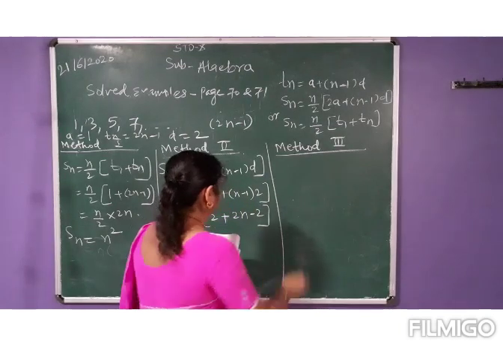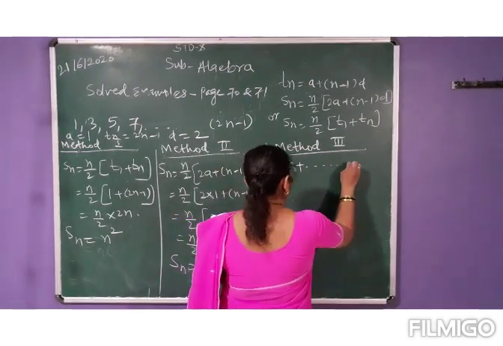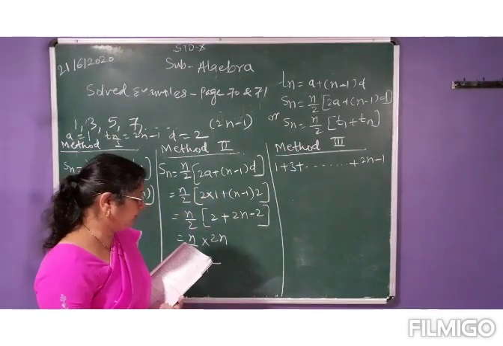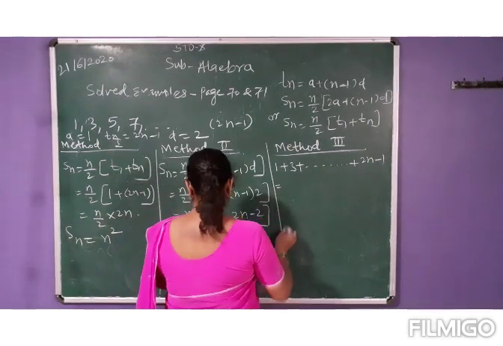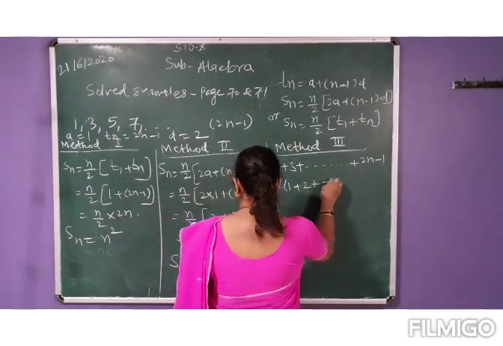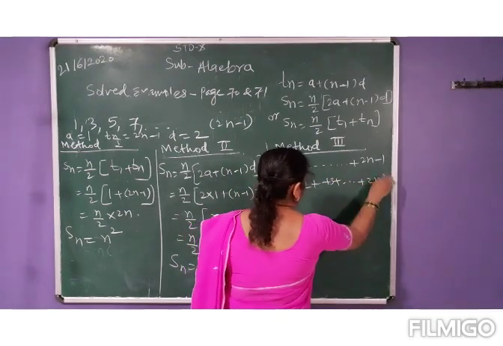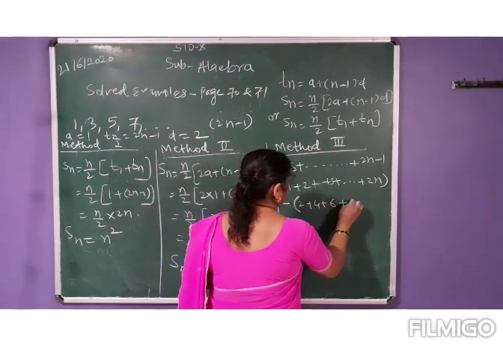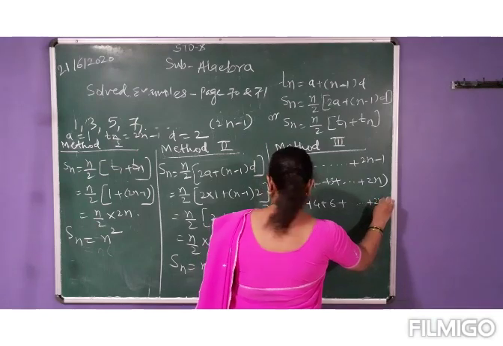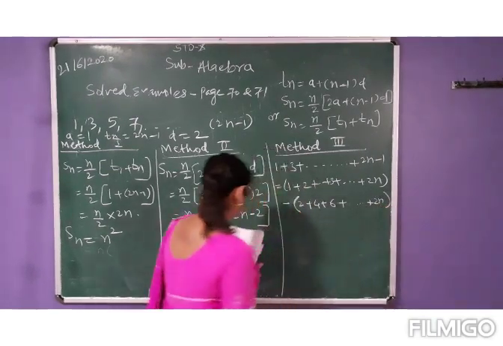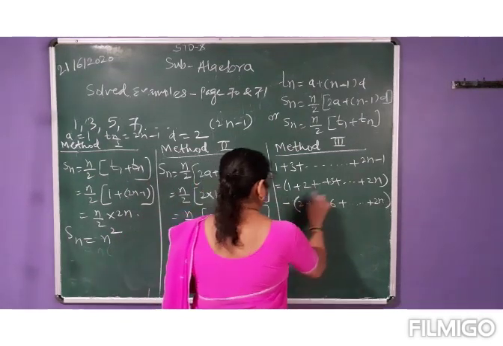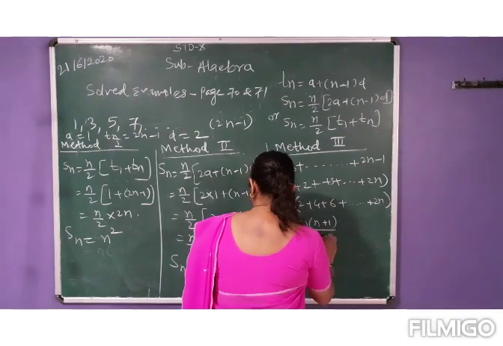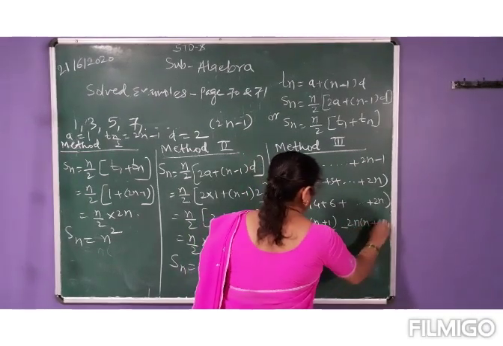Third method will be 1 plus 3 plus dash dash dash plus 2n minus 1. Right? Now in this, what will you do? If I want to write it down, how will I write? 1 plus 2 plus 3 plus up to 2n minus, what will I write here? 2 plus 4 plus 6 plus, here I will get 2n, again 2n I will get, correct? So this is what I got as 2n into 2n plus 1 upon 2 minus n into n plus 1.